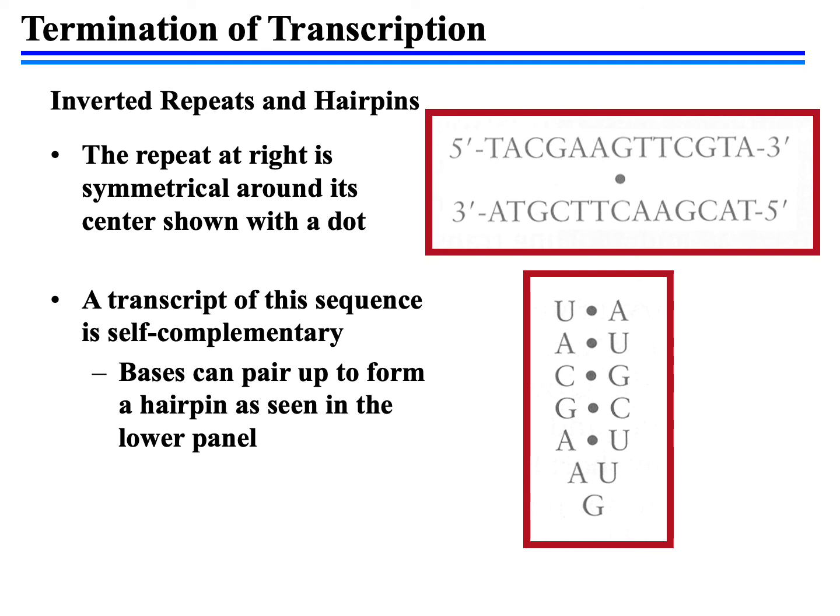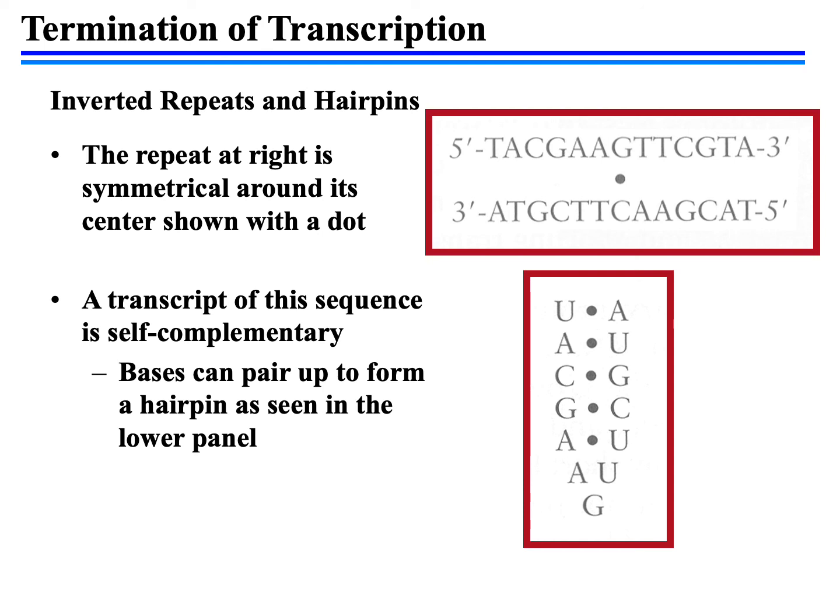There are two different types of mechanisms that we'll look at in just a minute. One is referred to as being rho independent, and the second one is known as being rho dependent. Rho is a factor that plays a role in certain types of transcription termination.